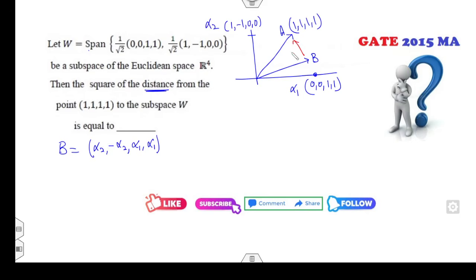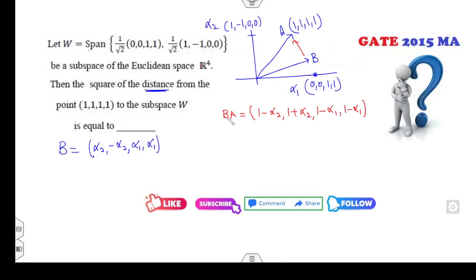फाइन, तो बी ए कितना हो जाएगा आपका, बी ए विल बी 1 1 1 माइनस ऑफ द बी, 1 minus alpha 2, 1 plus alpha 2, 1 minus alpha 1, 1 minus alpha 1.